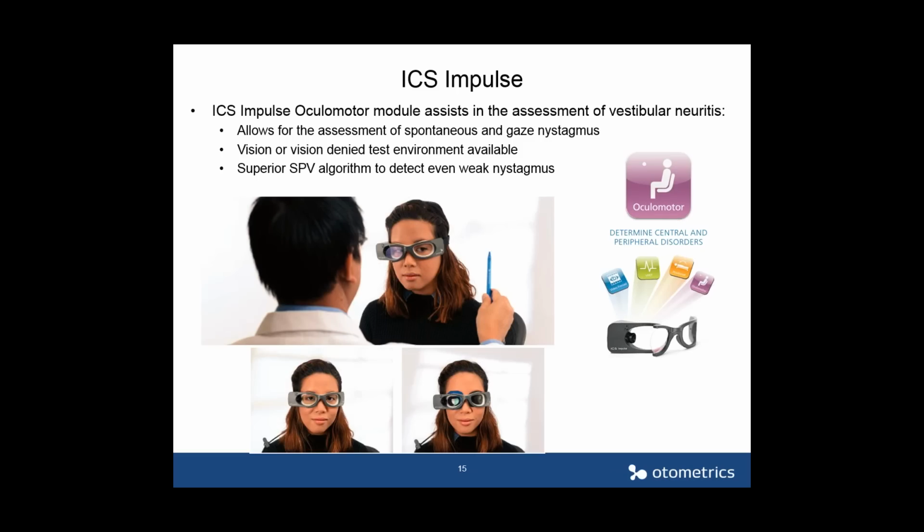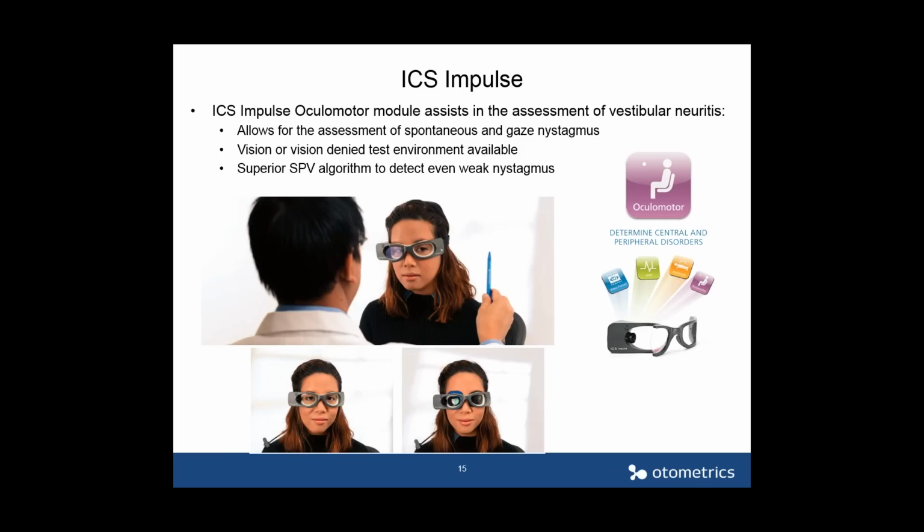With the ocular motor module, you can perform the test with vision or vision denied, which you also saw Dr. Breen show, how the nystagmus will change whether you're doing center gaze with vision or vision denied. And this module has a superior SPV algorithm to detect even weak nystagmus.